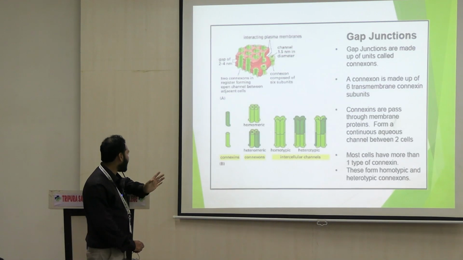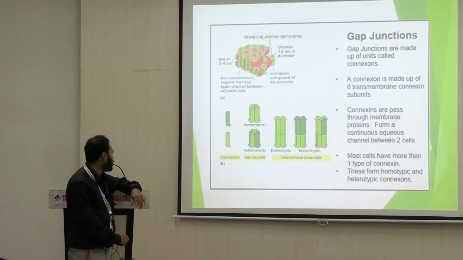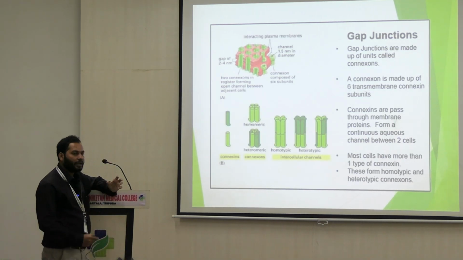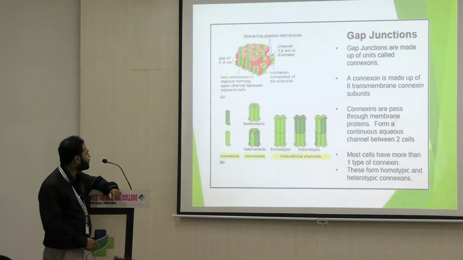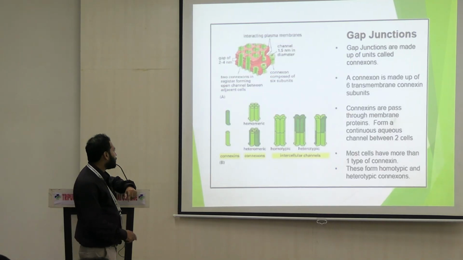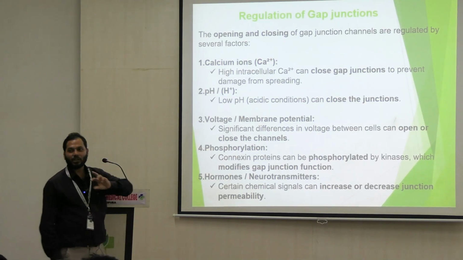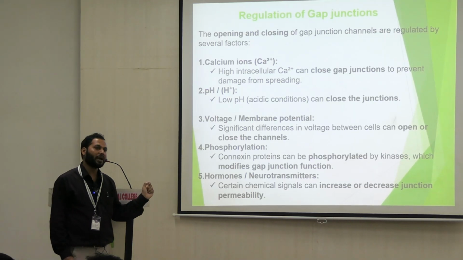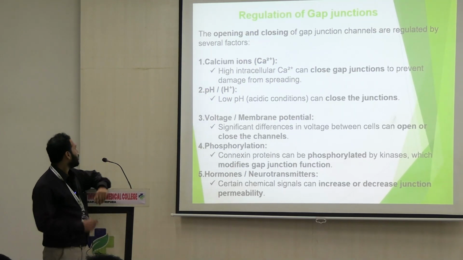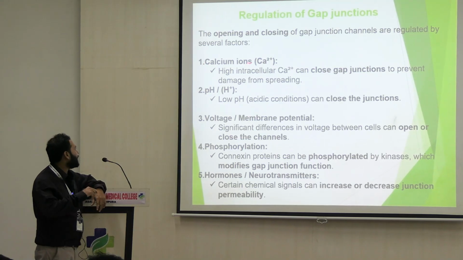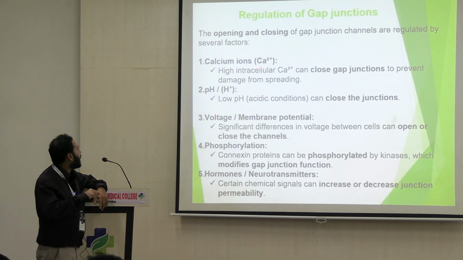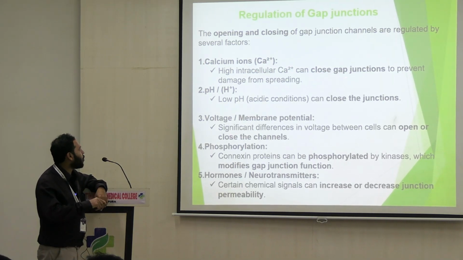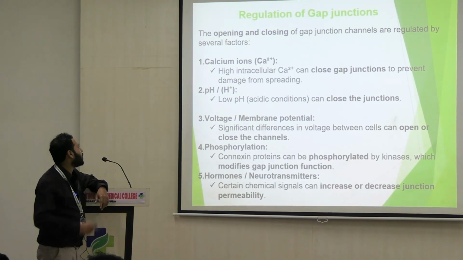You can see this is the exact arrangement of how it forms the connexons by arranging all those connexin molecules. So what is the exact regulatory mechanism of the gap junctions? Like tight junctions, there is a specific mechanism to regulate gap junction functions. Again, calcium ions play an important role. High intracellular calcium ions can close gap junctions to prevent damage from spreading.